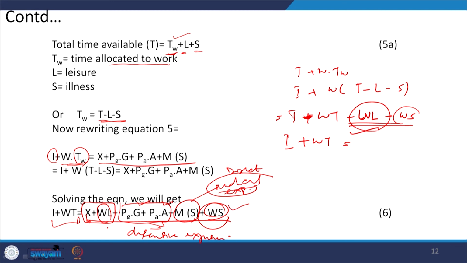And WS is again the damage cost, in terms of lost wages, because when you are sick you are not working and that is why you are losing this income. So these are your lost wages, the indirect cost.